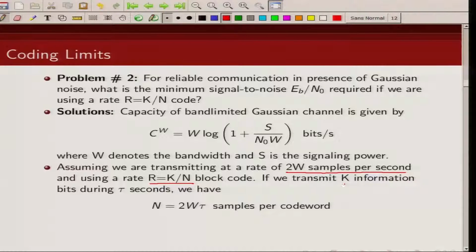If we transmit k information bits during time tau, then number of samples per code word is 2W tau.